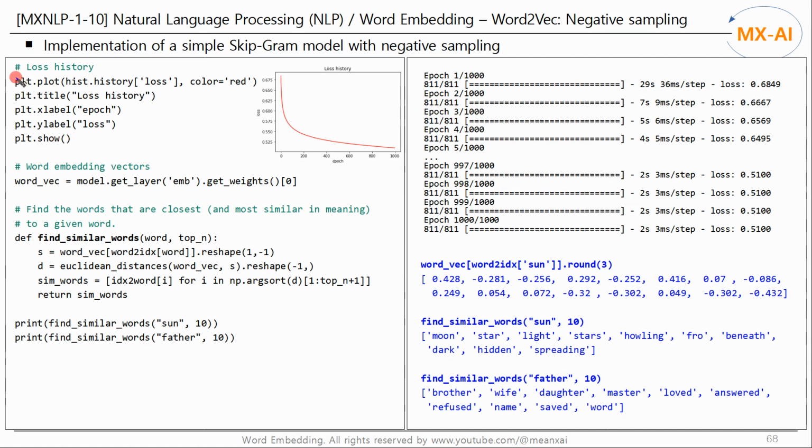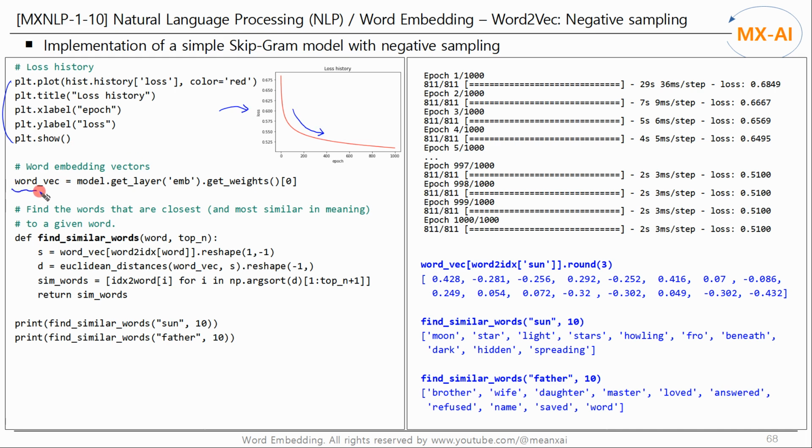Next, we plot the loss history to see how our model learnt and reduced loss over time. The results are as follows. You can see that the loss decreases like this during training.